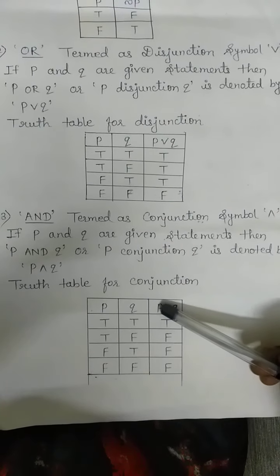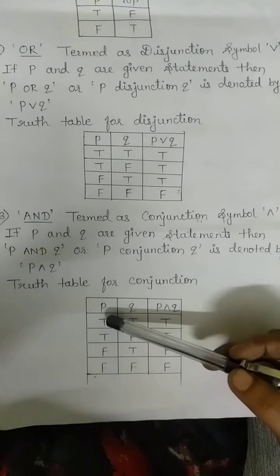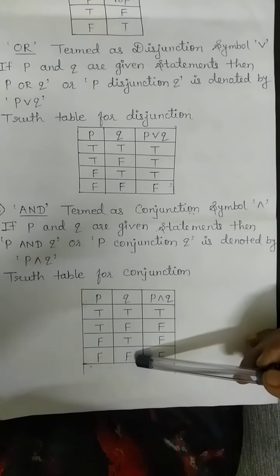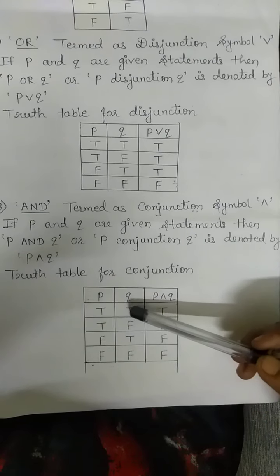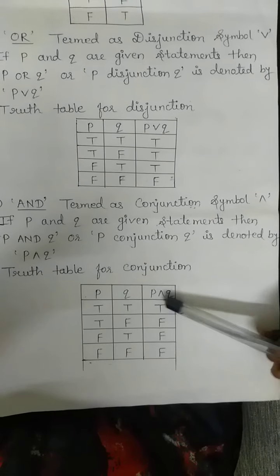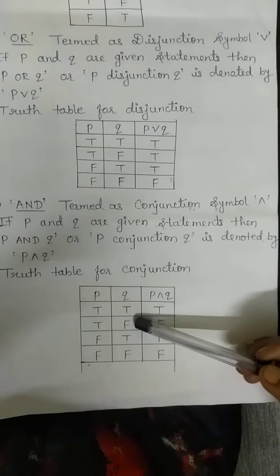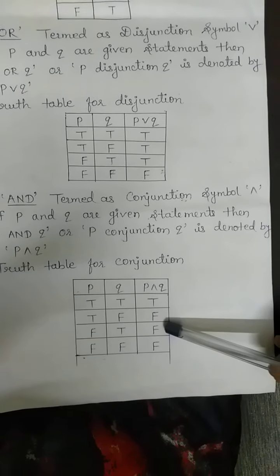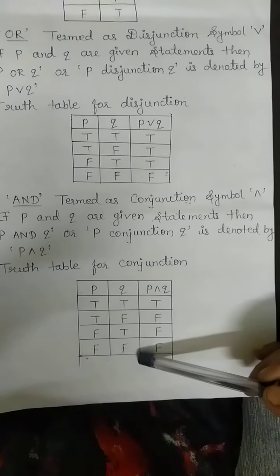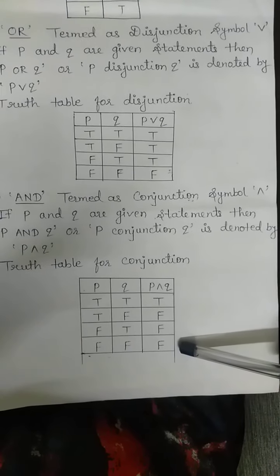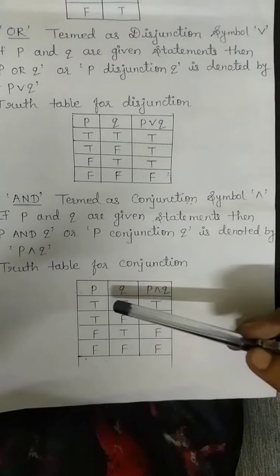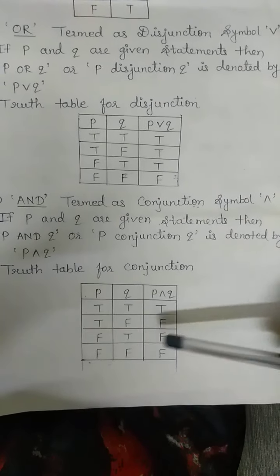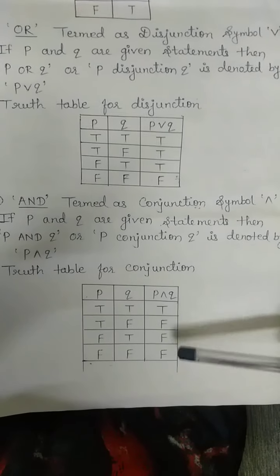P, Q, P and Q. Now here also we consider all possible values of P and Q. So when both the statements are true, we get true. First is true, second is false, then false. First is false, second is true, then false. And when both the statements are false, then also false. That means we can say that out of both the statements, if any one is false, then answer is false.